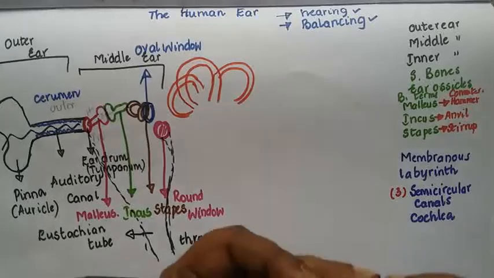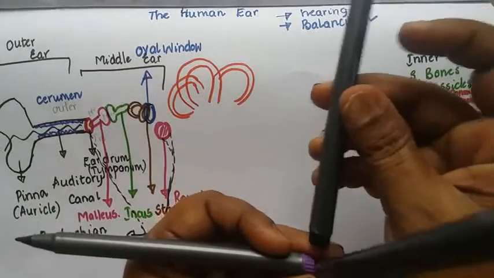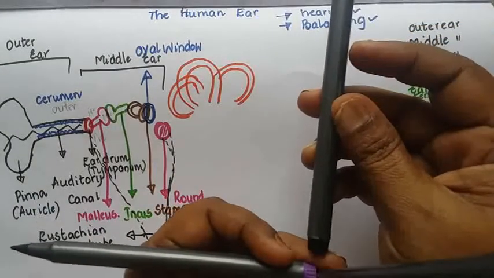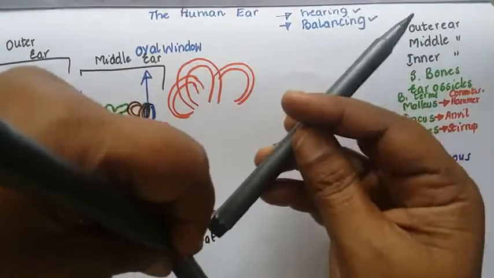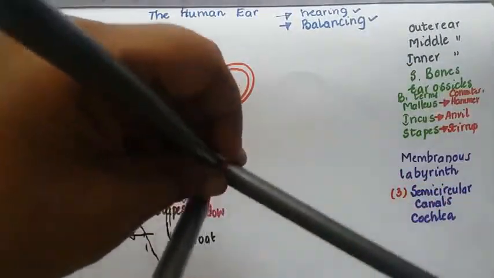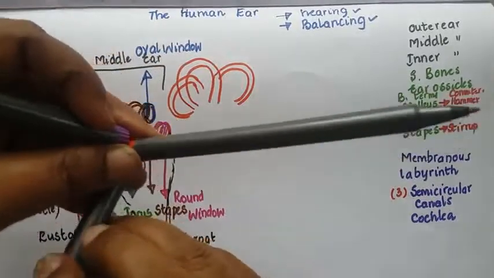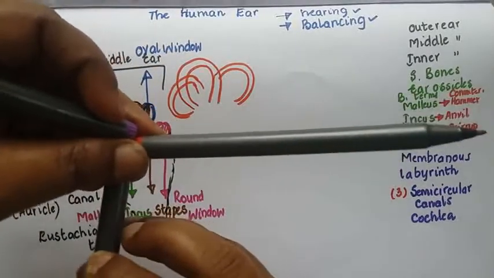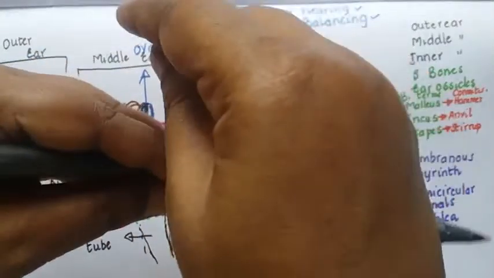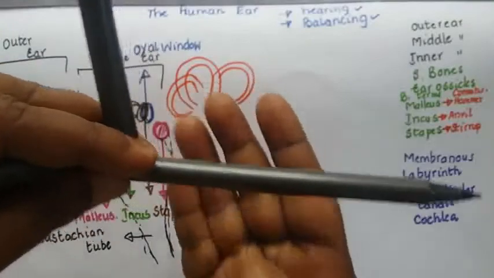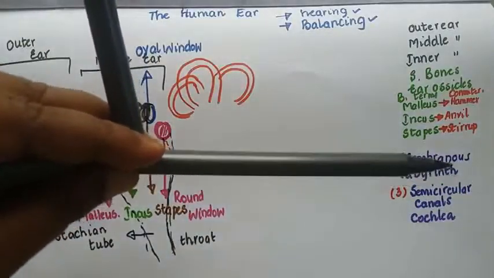Children, if you look at these 3 sketch pens, these 3 semicircular canals are arranged in such a way that one of them is horizontal and 2 are vertical.